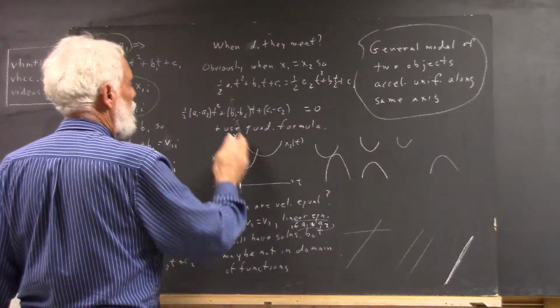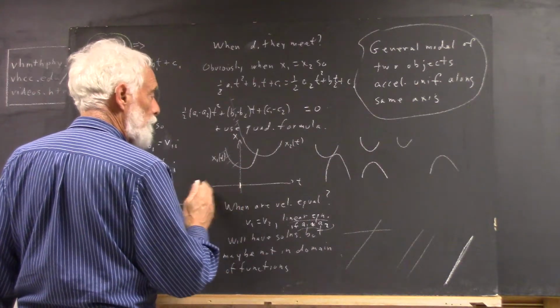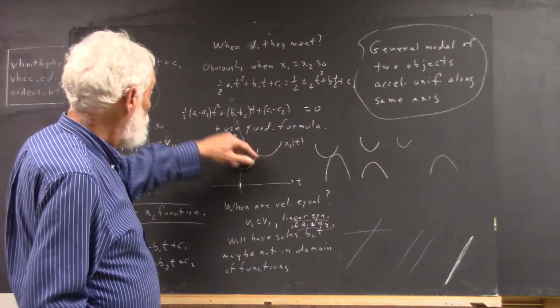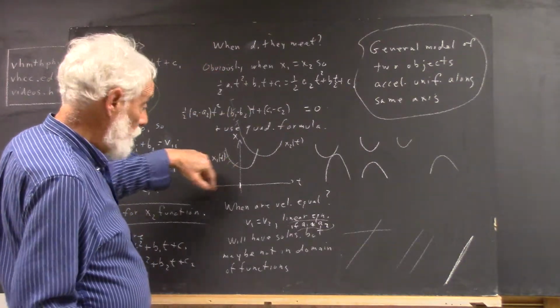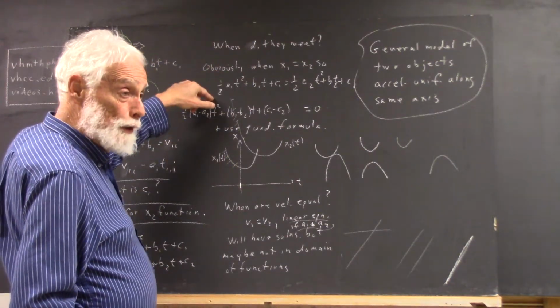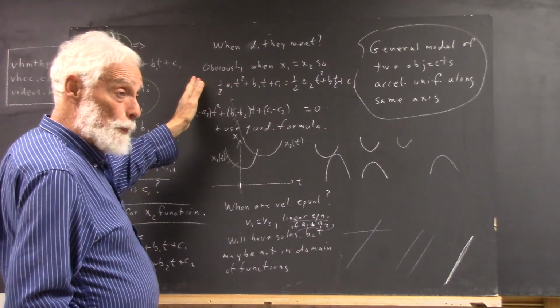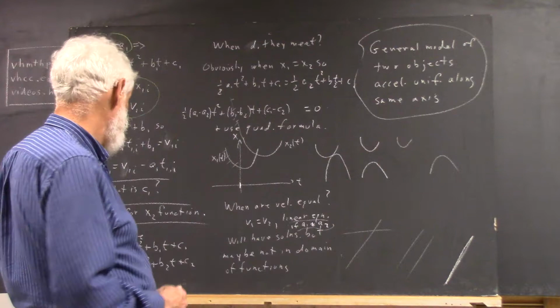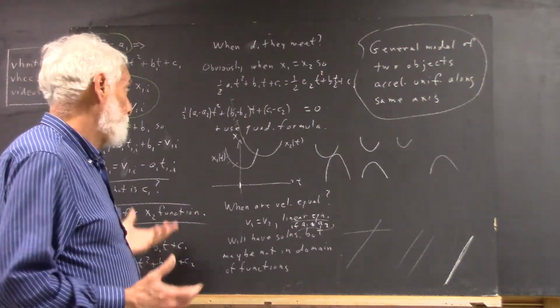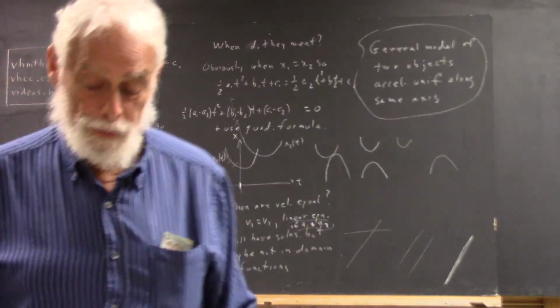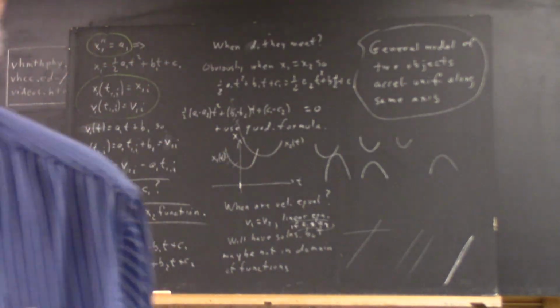No part of this parabola that's to the left of t equals 0 is going to matter. So even though these two are probably going to meet somewhere to the left here, it doesn't mean they really met, does it? Because that point is outside the domain of at least one of the functions. I could say more about that, but I get into a lot of specific cases. You just got to be aware of domain.